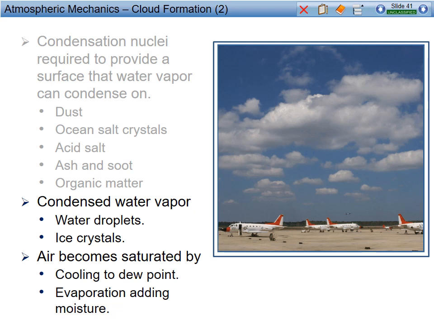The water will condense onto these particles in the form of either water droplets or ice crystals, depending on the temperature. As we mentioned before, air becomes saturated by either cooling the mass of air to the dew point or evaporating more moisture into that same air mass.